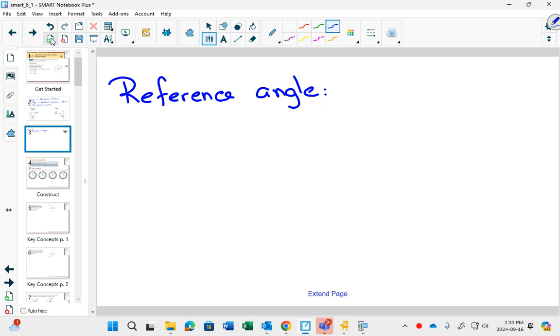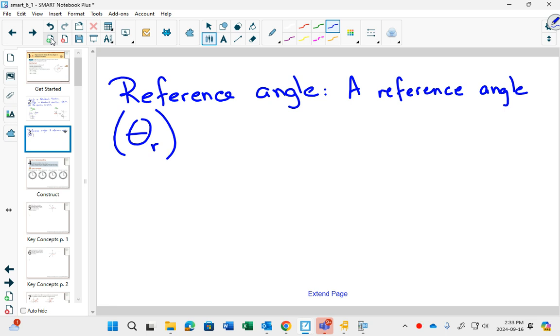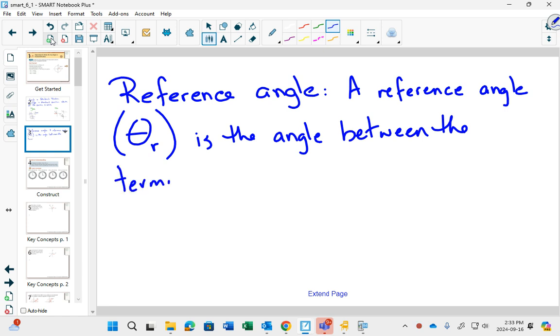Reference angle. Very, very important for higher level trigonometry. You might remember it from last year, so I'll just write out the definition this time. A reference angle, and we show a reference angle depending on what variable we use, but we often use theta for an angle, so we put a little r to show that it's a reference angle. A reference angle is the angle between the terminal arm, that's where an angle ends, and the nearest x-axis.